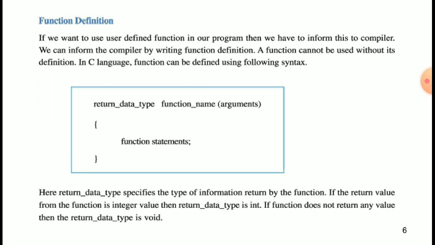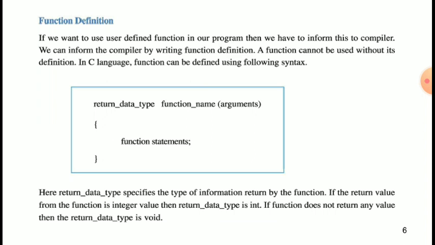A function cannot be used without its definition. In C language, a function can be defined using the following syntax: return data type, function name, then brackets with arguments, starting curly bracket, function statements, and end of the curly bracket.